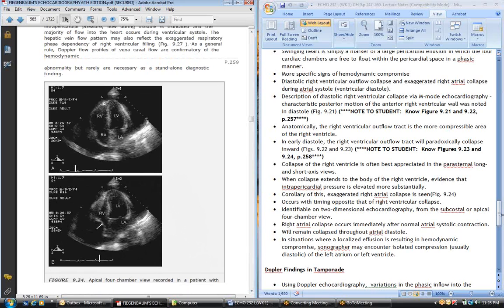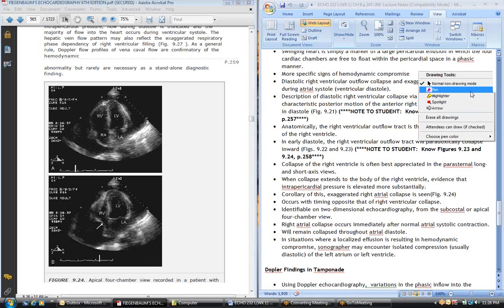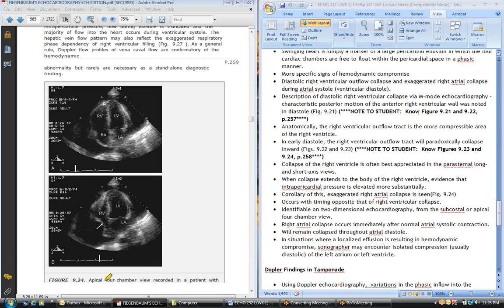9-24, you've got your atrial collapse. This shows you that during atrial systole, right down in here, this is your atrial collapse. Shouldn't do that. It occurs with timing opposite that of right ventricular collapse.